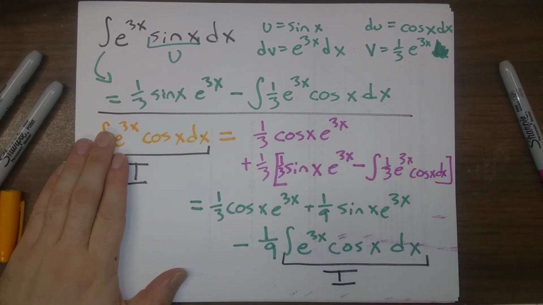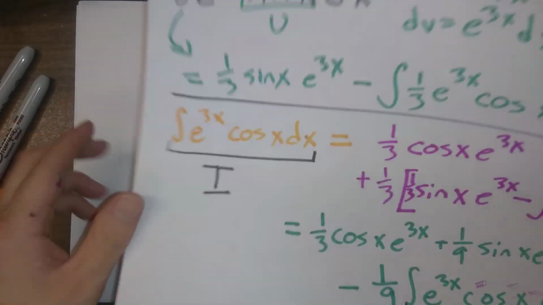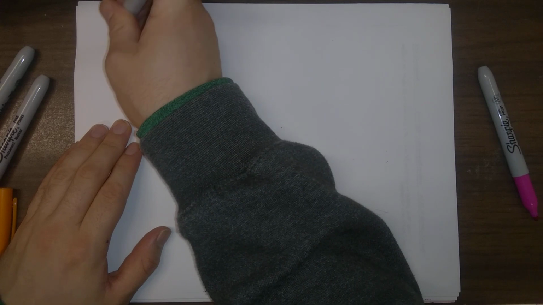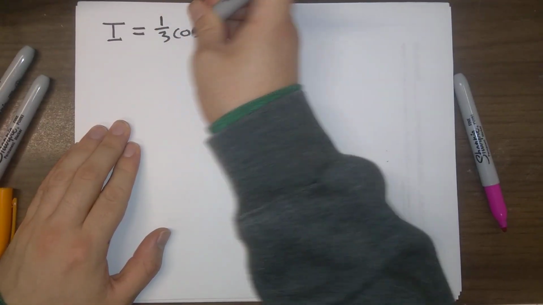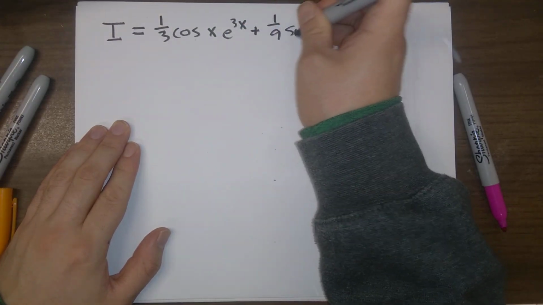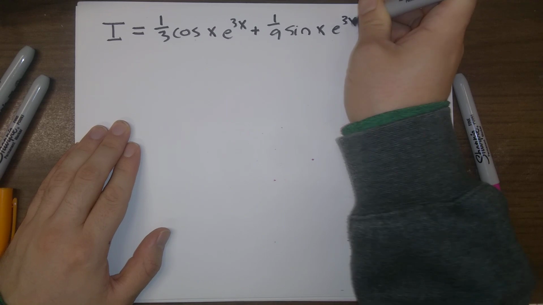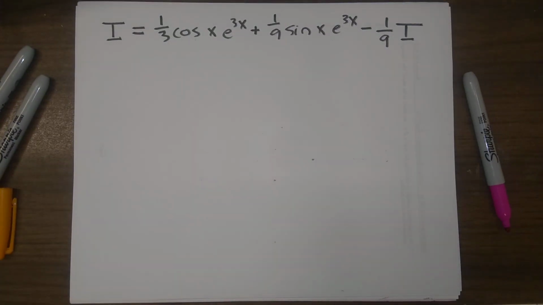And so this integral that appears on the right-hand side is also I. And so what do we have? We have that I is equal to 1/3 cosine x e to the 3x plus 1/9 sine x e to the 3x minus 1/9 times I.